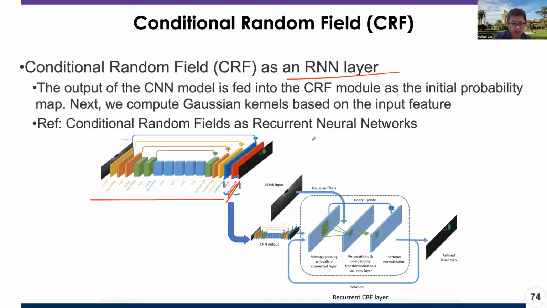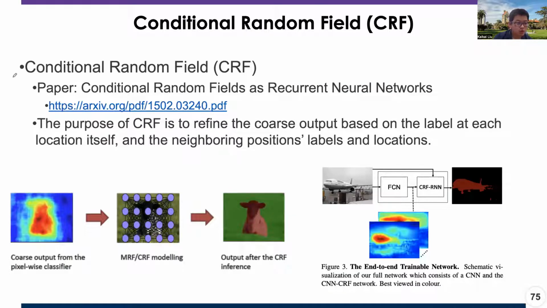So let's take a look at what the conditional random field is and what it can do. In terms of the original information, you can check this paper. So the purpose of the conditional random field is to refine the coarse output of the label. For example, you have a coarse output of the pixel-wise classifier.